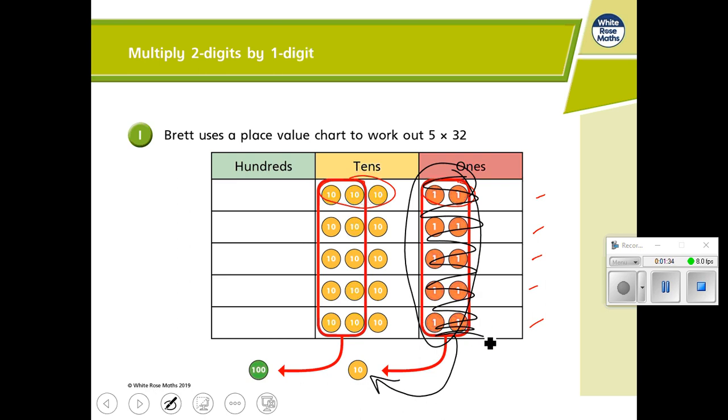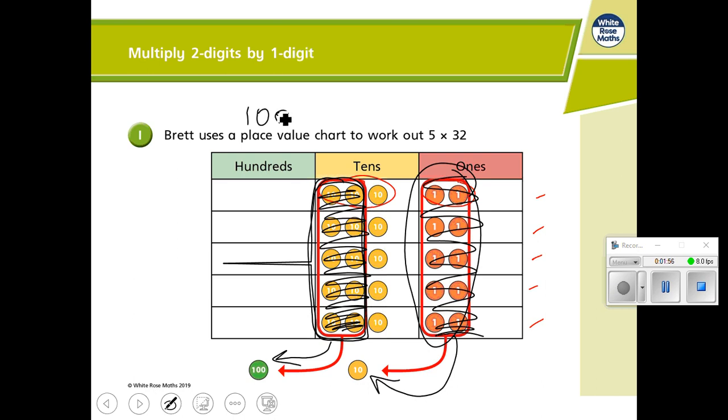He's also swapped 10 discs. There we go, there's 10 of those, and he's exchanged those for a 100 disc, and therefore we'll cross those out. So now we've got 100 in the hundreds column.